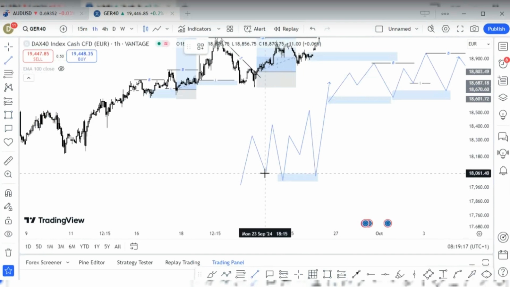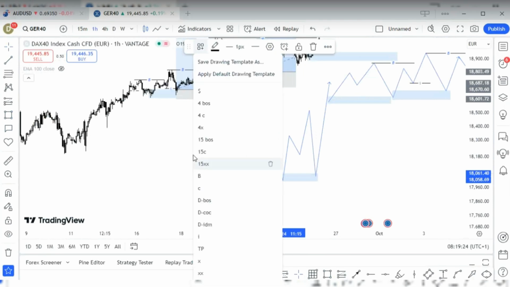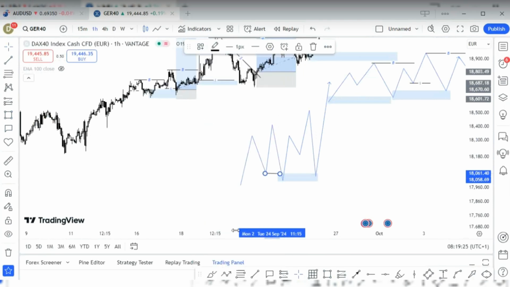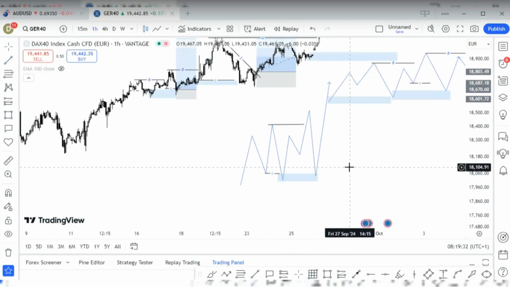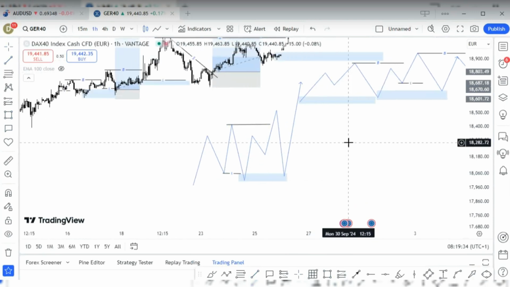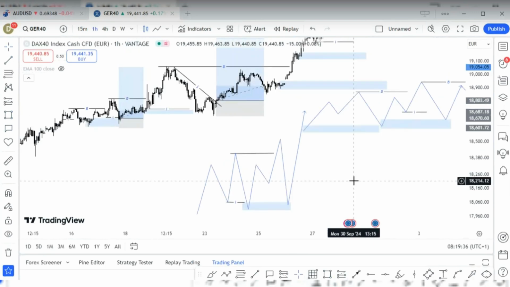This setup often repeats itself in the market and is very, very high probability. So if you can look for this, then this will make it a break of structure, and it will improve your trading outcome. So that's it, guys.